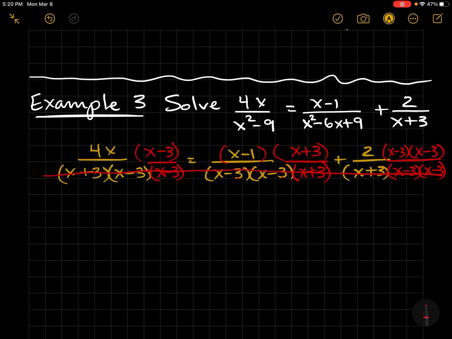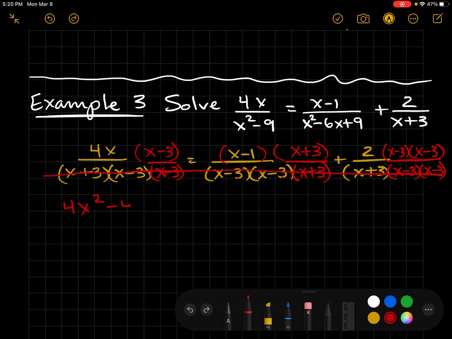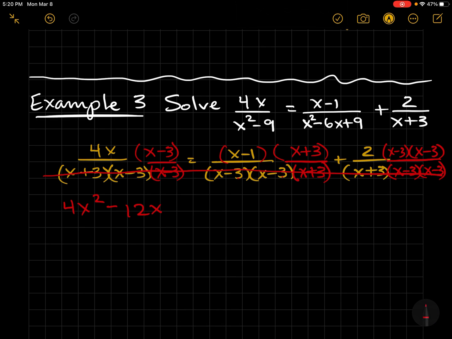Make my new equation from the numerators, and we're going to have to multiply and simplify, and looks like it's going to end up being a quadratic. Oops. That should be 12x. First, outer, inner, last.